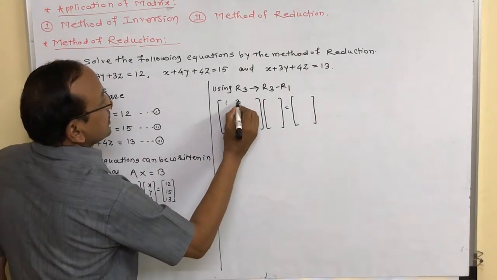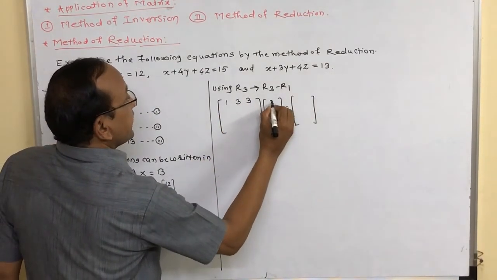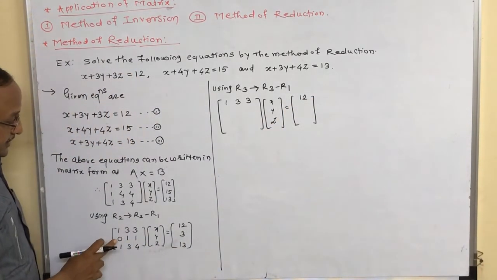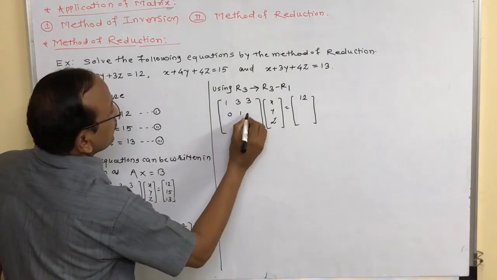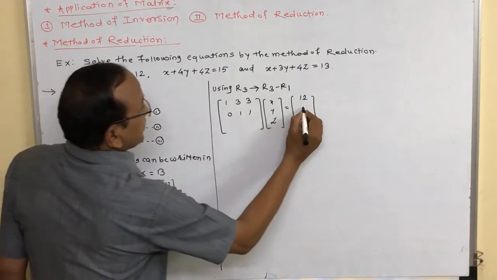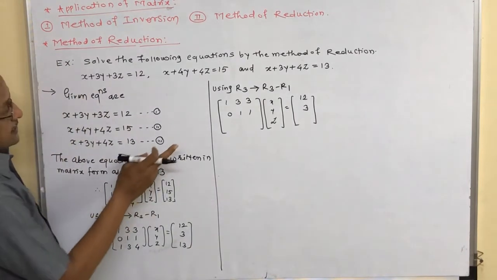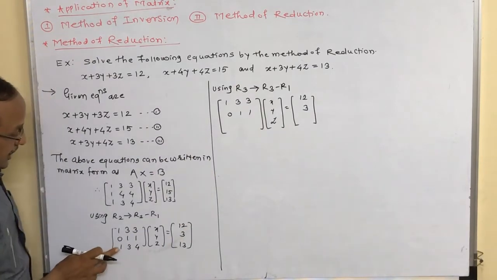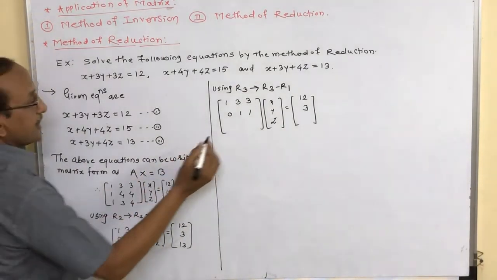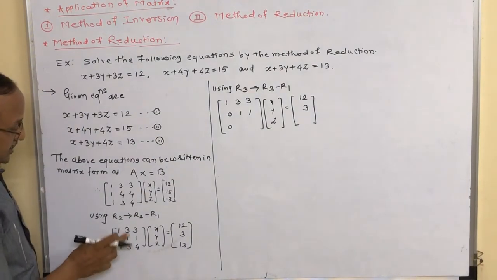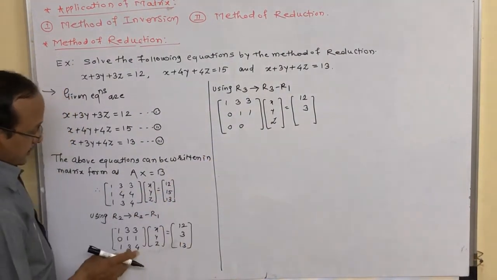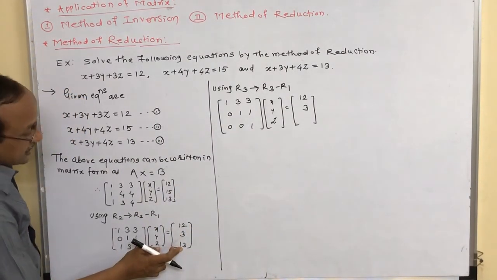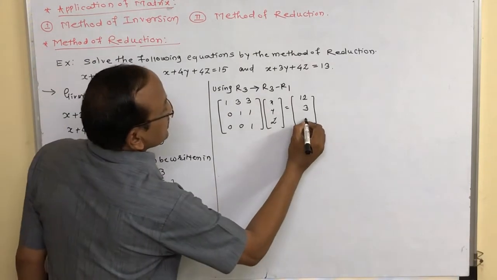So it is 1 3 3 times x y z equals 12, then the second row 0 1 1 and 3. Now apply R3 minus R1: 1 minus 1 is 0, 3 minus 3 is 0, 4 minus 3 is 1, and 13 minus 12 is 1.